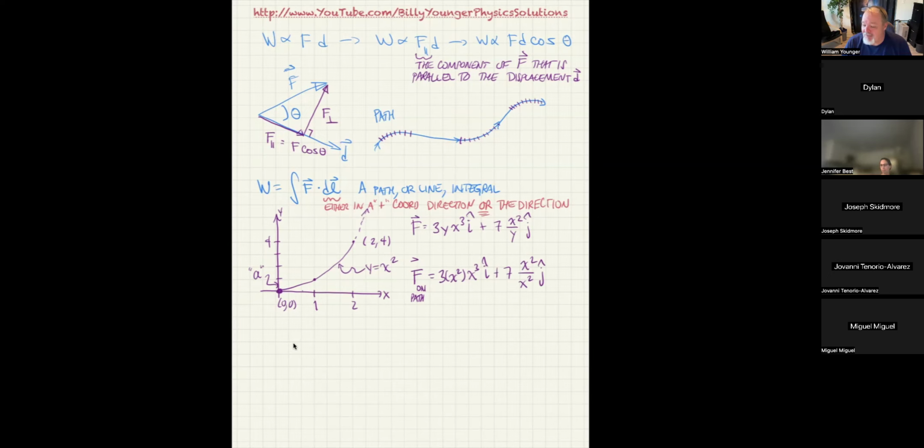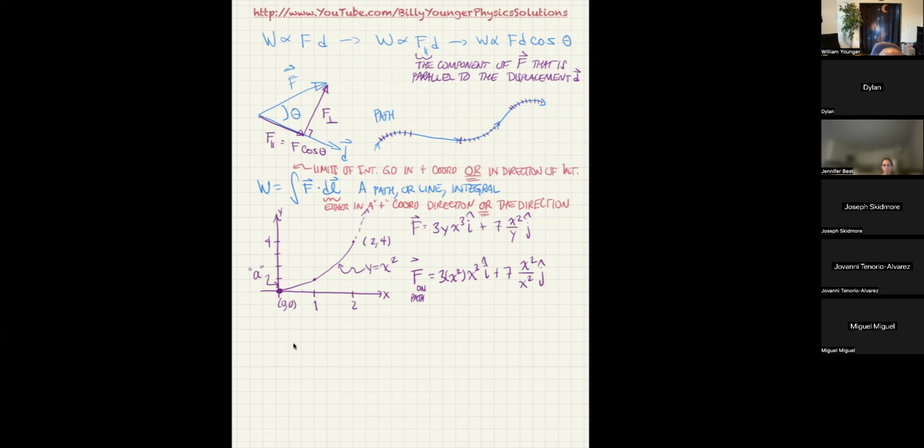So the main thing is one of them has to specifically correspond to the direction you're going, and the other one has to be in the positive coordinate direction. So the limits of integration go in the positive coordinate direction, or in the direction of integration.